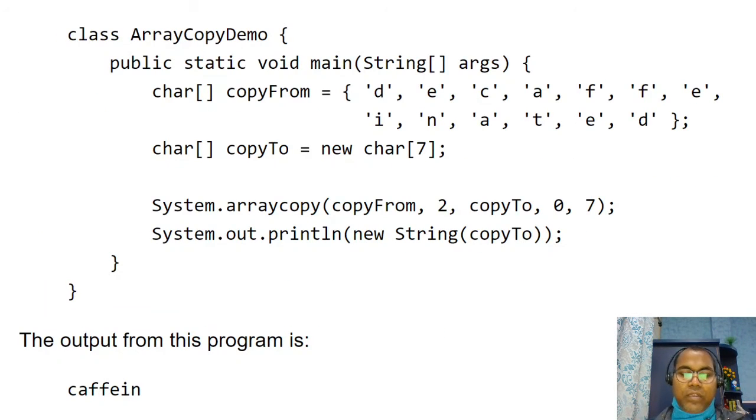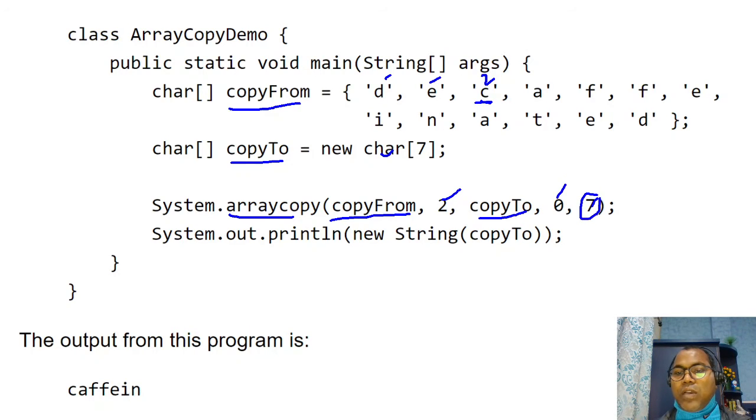And this example is also provided here. If you have a copyFrom array and copyTo array, the System arraycopy copies starting from position 2, meaning 0, 1, 2, from here they start, and copy inside from position 0 to position 7. That's seven elements: 1, 2, 3, 4, 5, 6, 7.